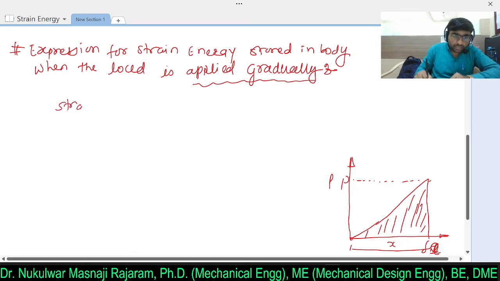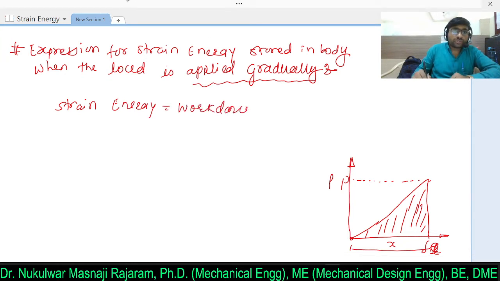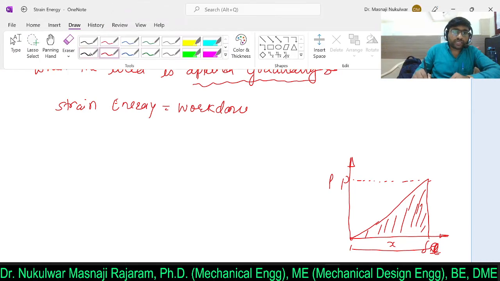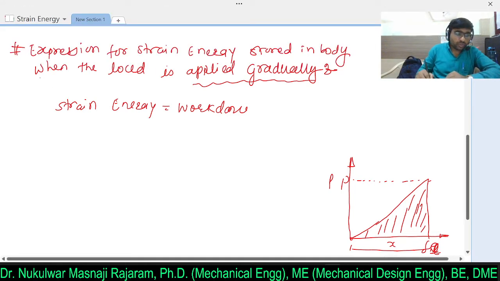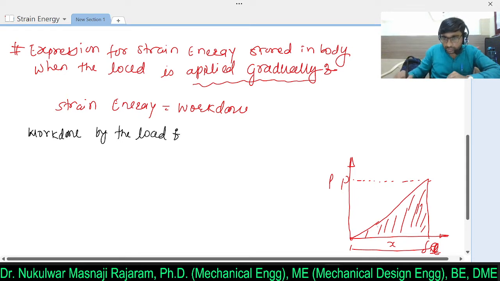So I can write strain energy equal to the work done. Now, first, if you want strain energy, you must find the work done by the load. So first I will evaluate the work done by the load, which is the area under the curve.